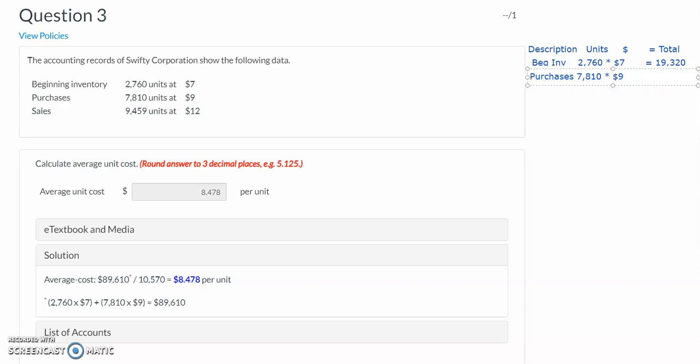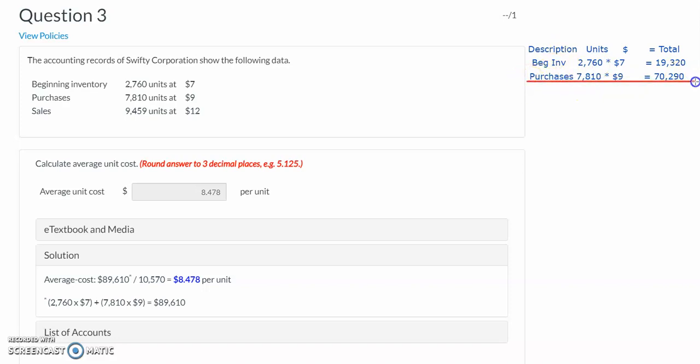So when we look at our inventory valuation methods, we also want to look at the implications when prices are rising. All of my purchases during the period add up to $70,290.